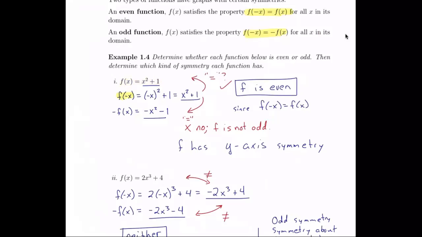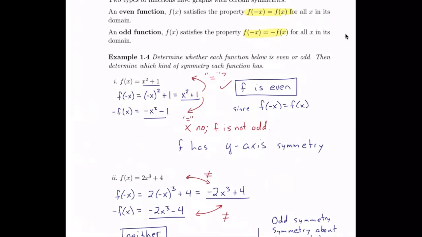Everywhere there's an x in my formula, I'm going to replace it with a negative x. And what happens when I do that? In this case, I see that negative x squared becomes positive x squared, because a negative squared is just a positive. There's no x in the plus 1, so this just stays as is. We end up with x squared plus 1.